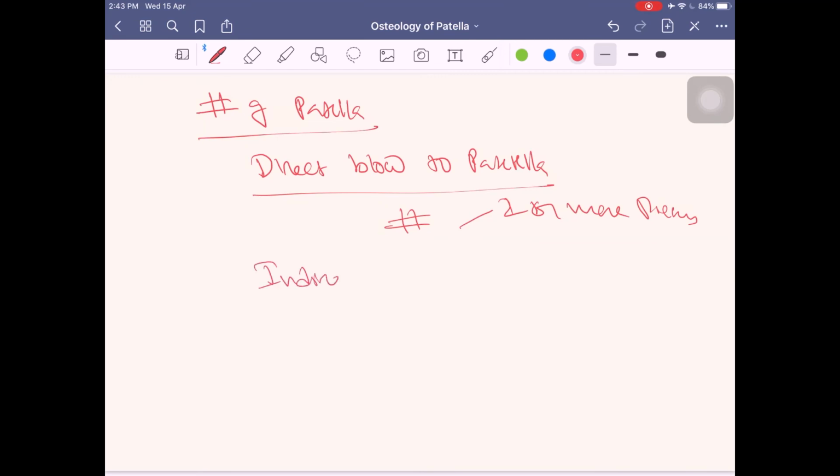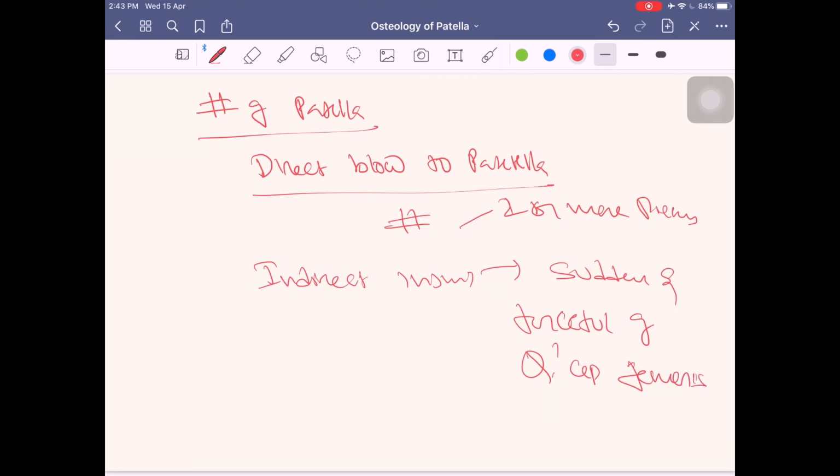The other is indirect injury, where there is no direct blow; it is due to pull. It is due to sudden and forceful contraction of the quadriceps femoris, nothing but your medial, lateral and superior parts, everything pulling up. So this also can cause the patella to break transversely. Here is the patella like this.